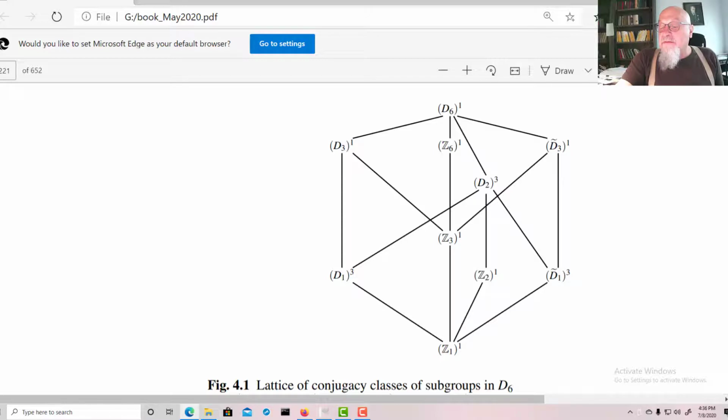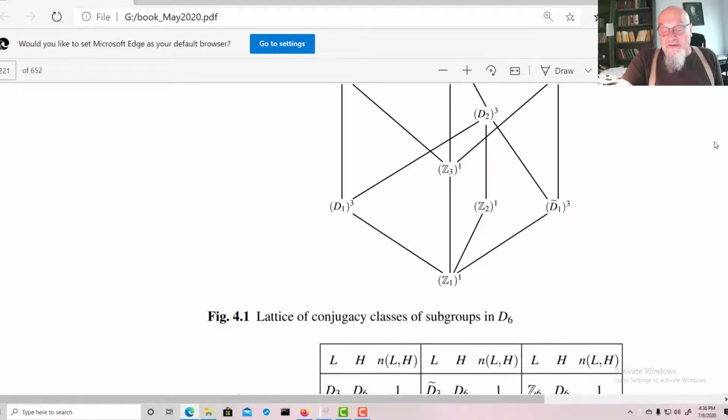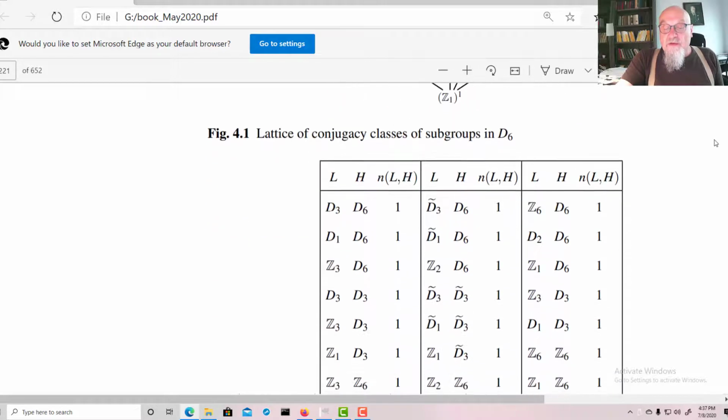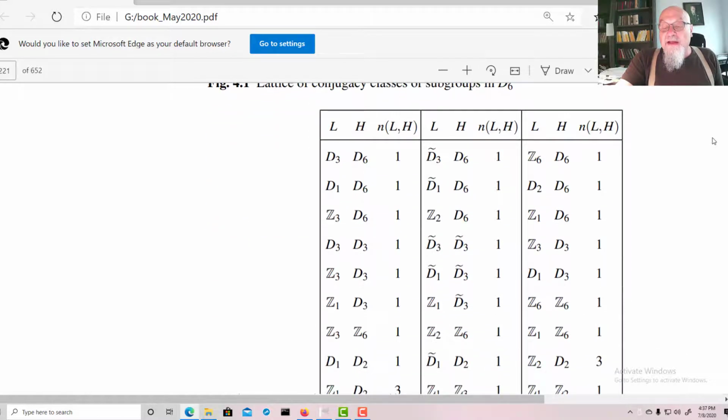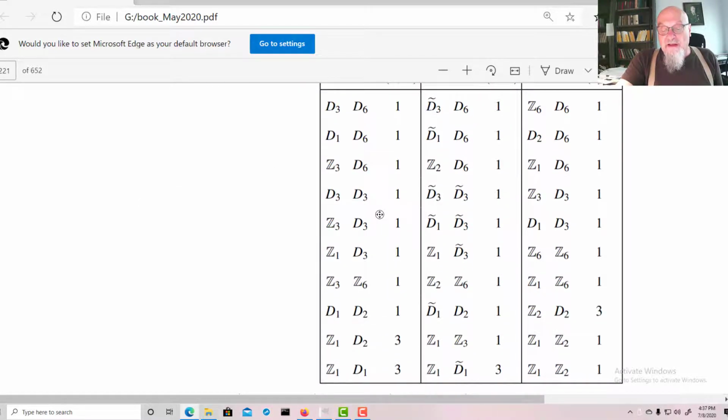In this computation, you have to do it for each of them separately. So you can see the n_{L,H} numbers can also be computed. That's how the numbers are computed. Those are the results showing these numbers n_{L,H}.